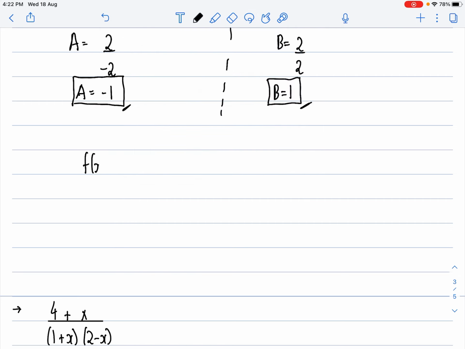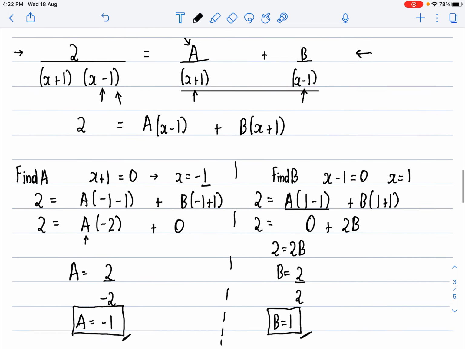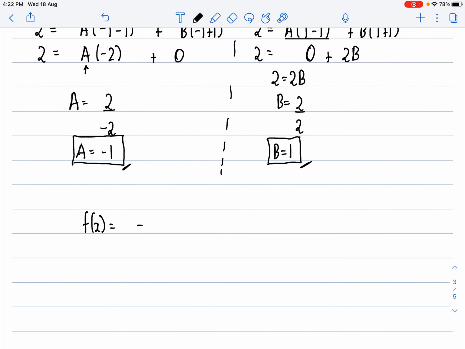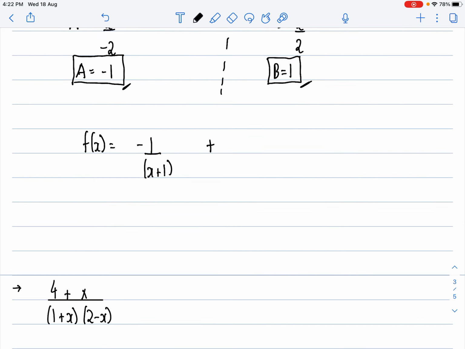So you can write this as f of x, which is equal to, you just need to write it in this form, but you just need to substitute a and b. So you write this as minus 1 over x plus 1, plus b, which is basically 1 divided by x minus 1.